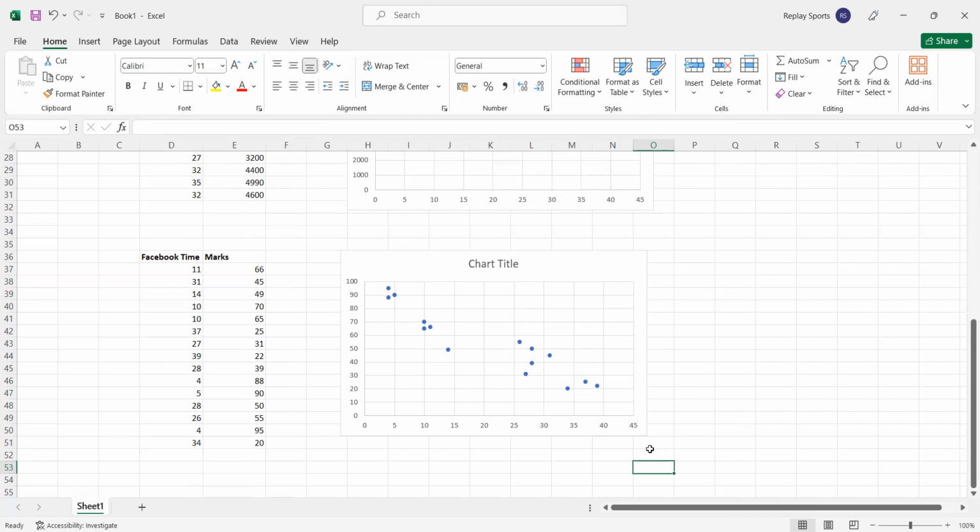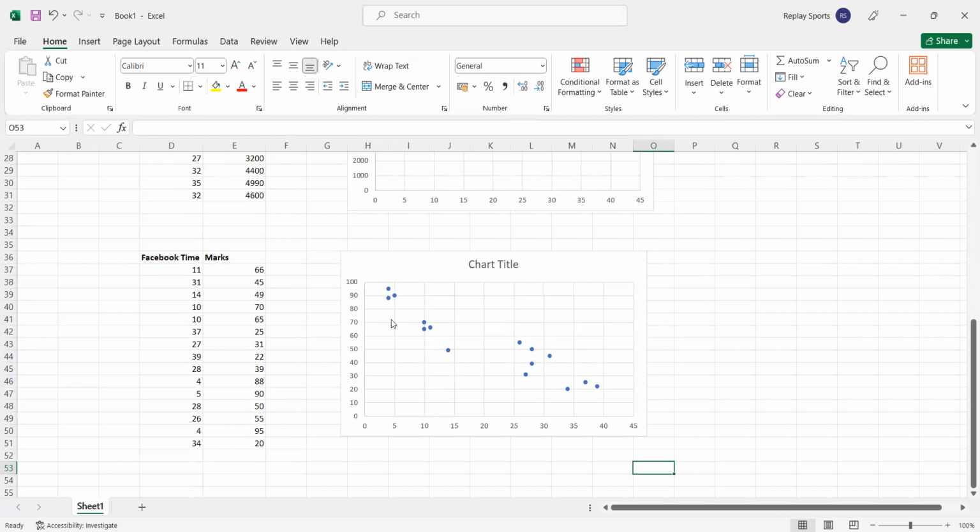So here you see a factor. The factor is called the number of hours you spend on Facebook. If you spend more time on Facebook, you're going to get less marks. So how can you get more marks? Less time on Facebook. If you spend less time on Facebook, you will get more marks, if there's a relationship between them. Now, how do you know?